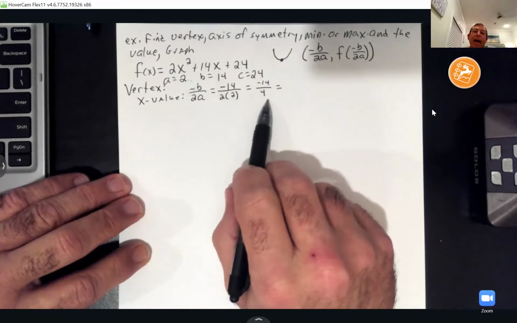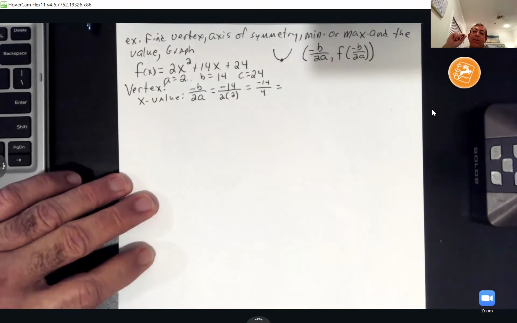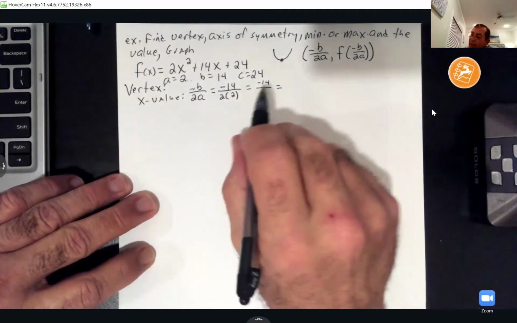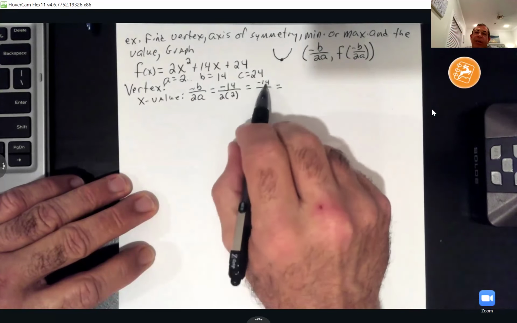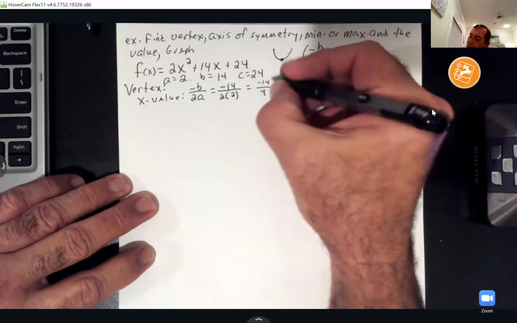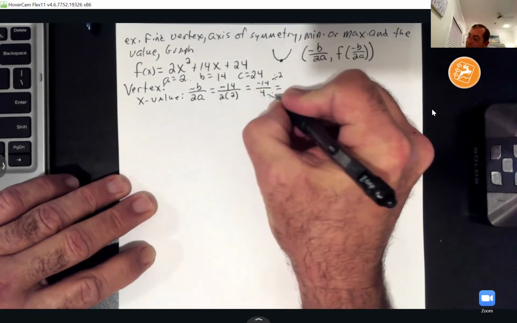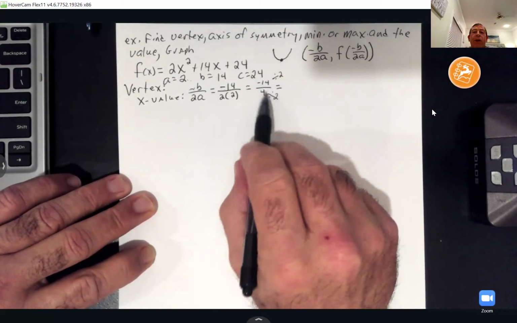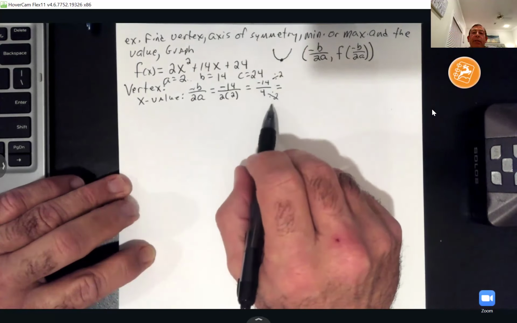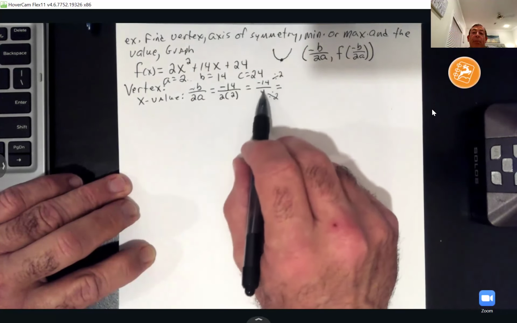So you can't divide that, but y'all, we got to reduce this. If they got any common factors, you got to divide those out. Both of these will divide by 2. So I'm going to reduce this fraction by dividing by 2, because that's the largest factor they got in common.